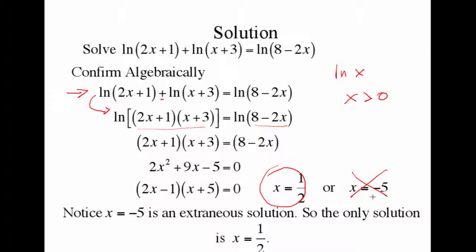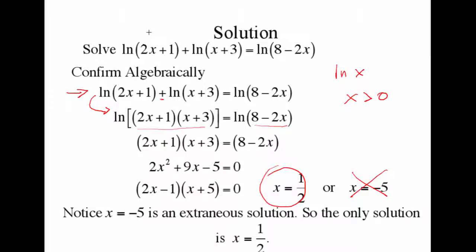Now, x is negative, and that's not the problem. The problem becomes when we substitute -5 in any of these expressions. If any of these turn out to be negative, then we have to throw -5 out. It is possible that -5 could work in these expressions. If these expressions all were set up so that when we substitute in -5 and simplify these, we get positive values, -5 could work.